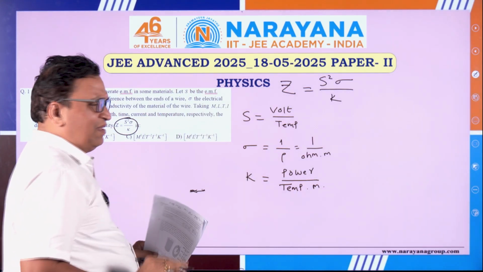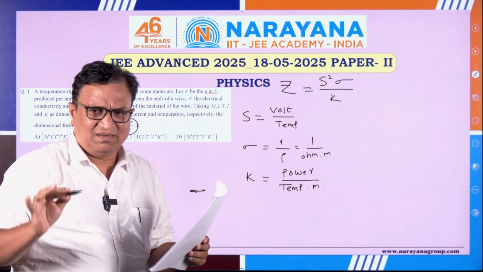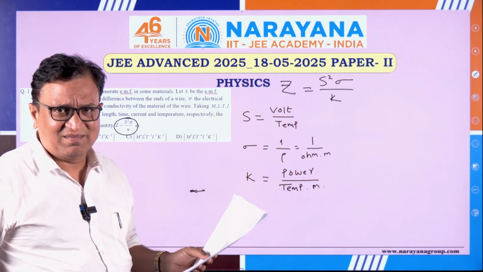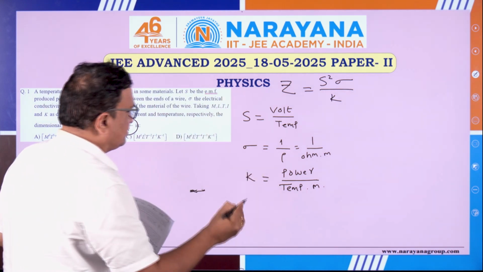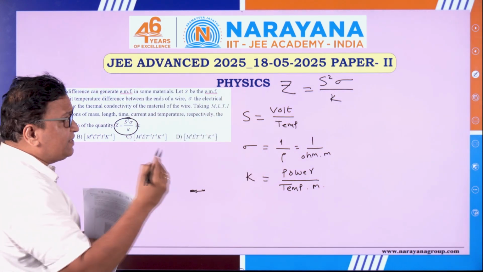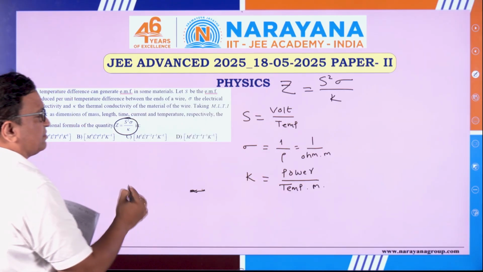I'm doing it in a basic style. Now, please let me know what is S squared sigma by K.